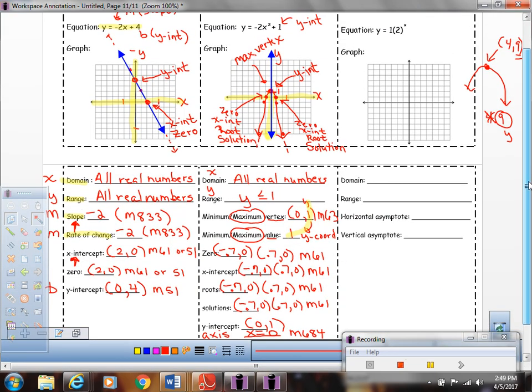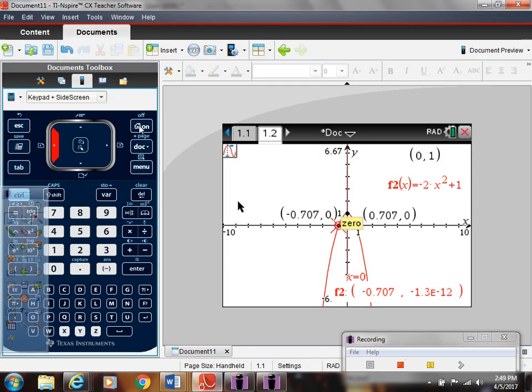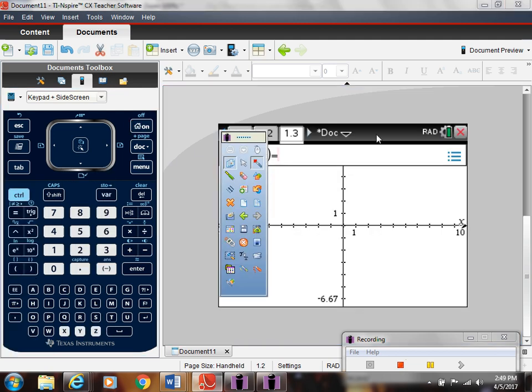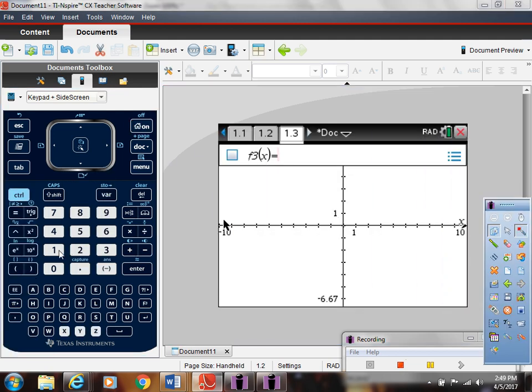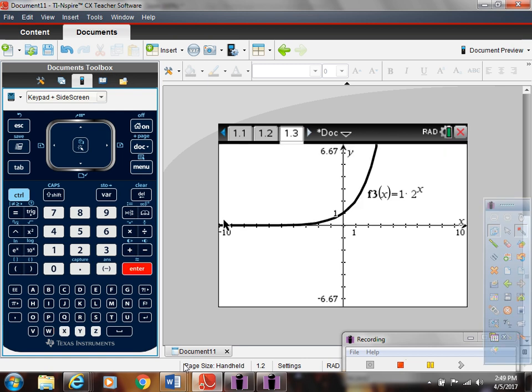Alright, so the last one is on exponents. I wanted you to see an example of an exponential, because on the STAAR test they'll also test you on that. So let's graph 1 times 2 raised to the x power. Here's your raise key. This is what your exponential looks like.